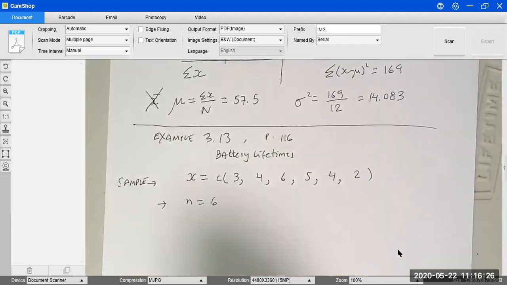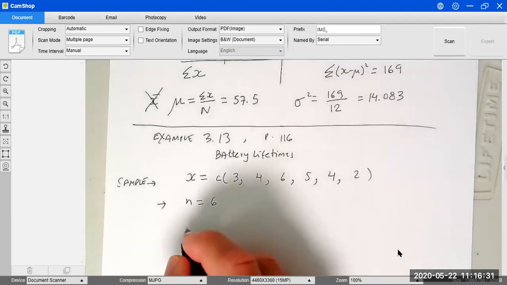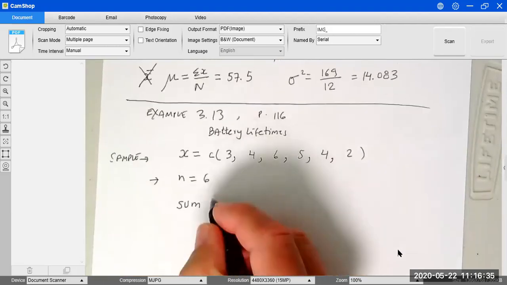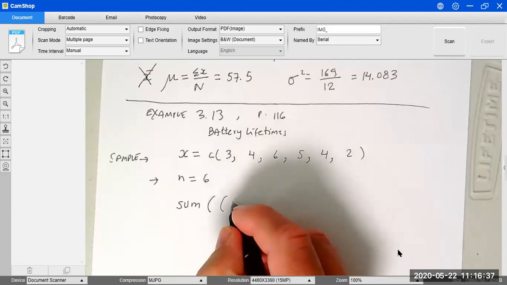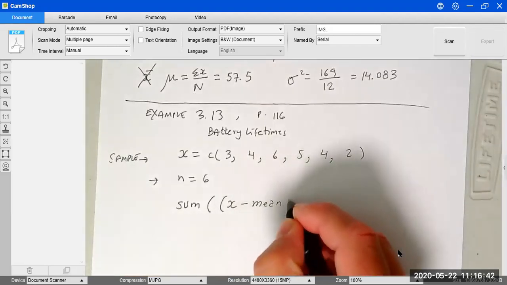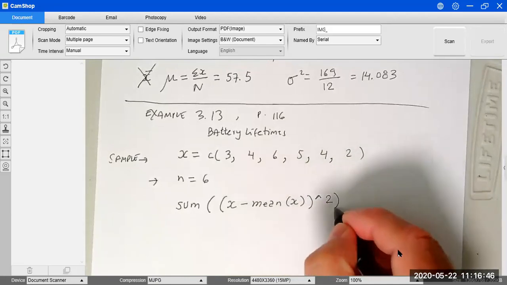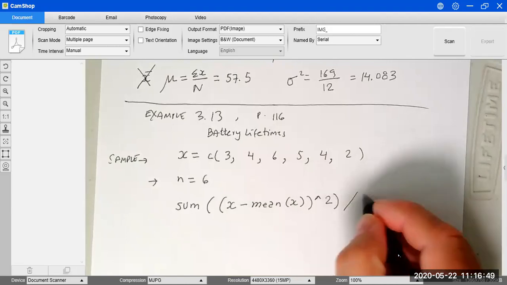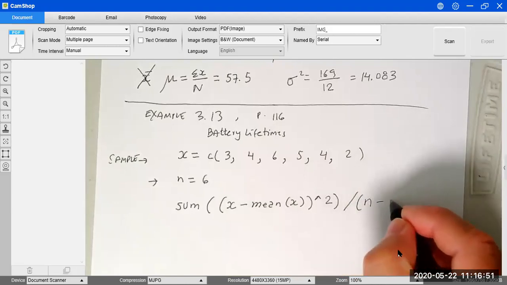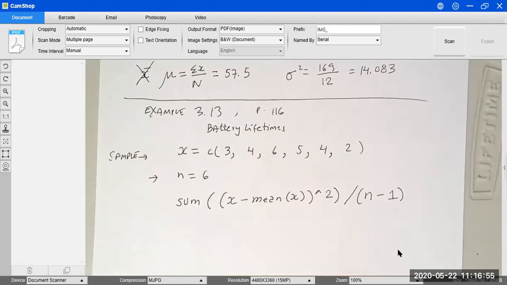What we're gonna do is apply the formula that says that we're gonna get the sum again, but now it's the difference between x and the mean of x, and we're gonna square those differences, get the sum, and divide by n minus 1 because now it's a sample. We're computing the variance of a sample.